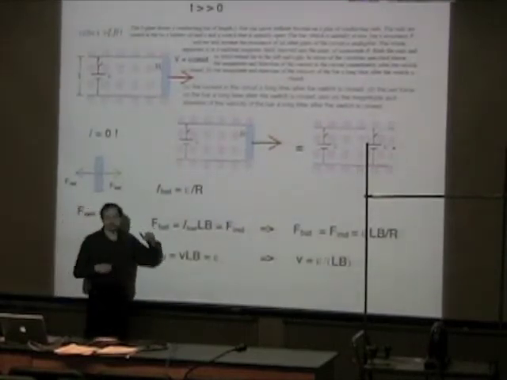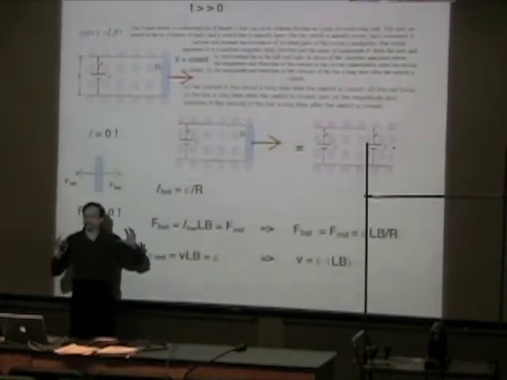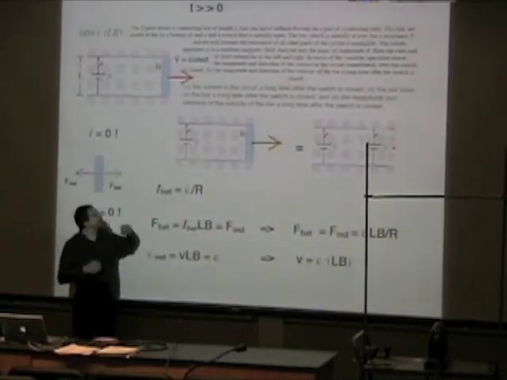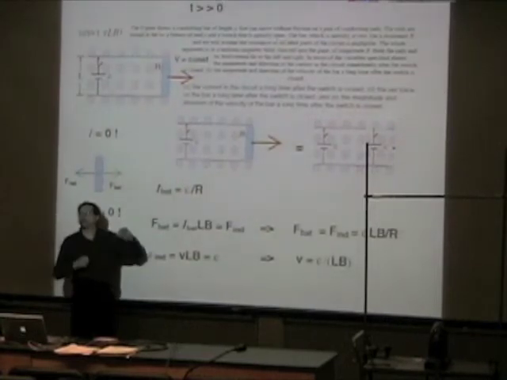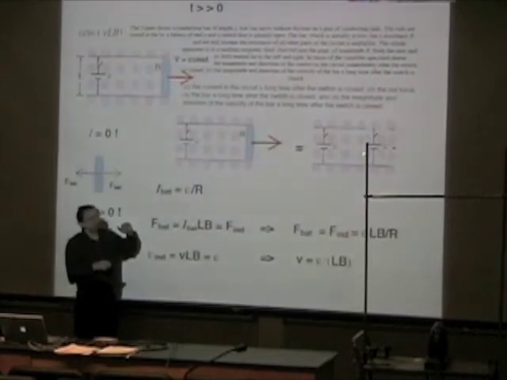Sometimes it might confuse people. This expression now gives you the current generated by this battery only. The moving rod is also a battery.